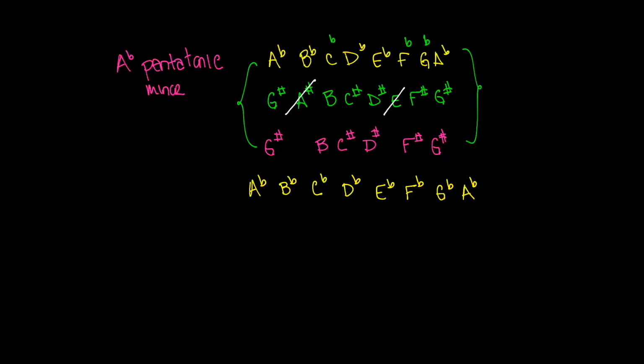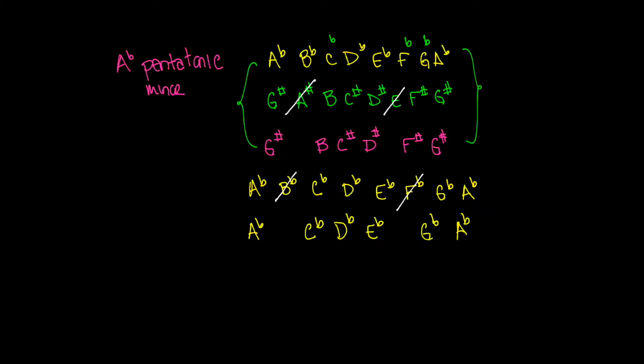All right, so at this point, we want to eliminate, and if you recall, it's going to be 2 and 6. Okay, now let's see, what does that leave me with? That leaves me with A flat, C flat, D flat, E flat, and G flat, back to A flat.